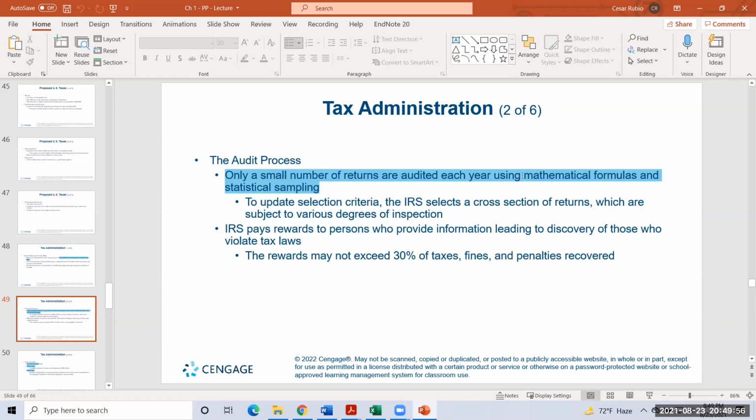But the other thing is that you can still be selected, right? It is a formula. There is nobody sitting there saying, oh, this is a small amount, it doesn't get selected. It could be selected from their own system because it's randomly selected. The best thing I can tell you is just try to report what you're supposed to report and pay your tax. Bottom line, right?